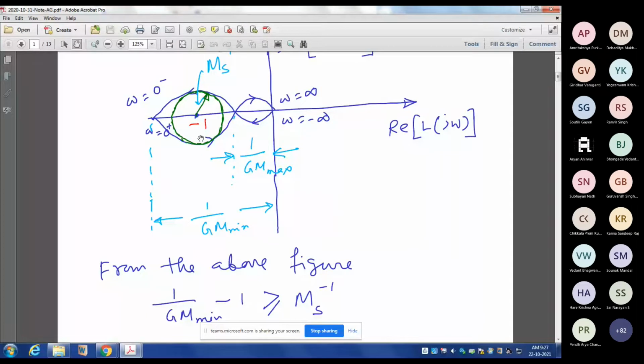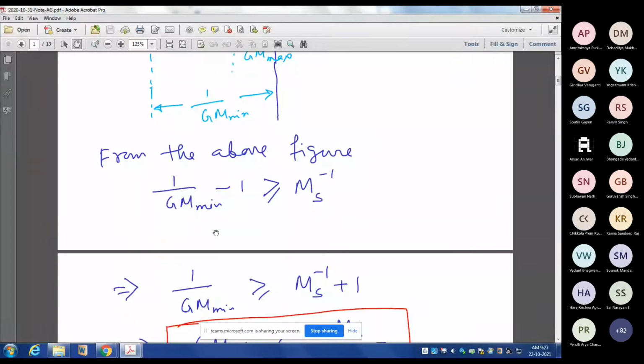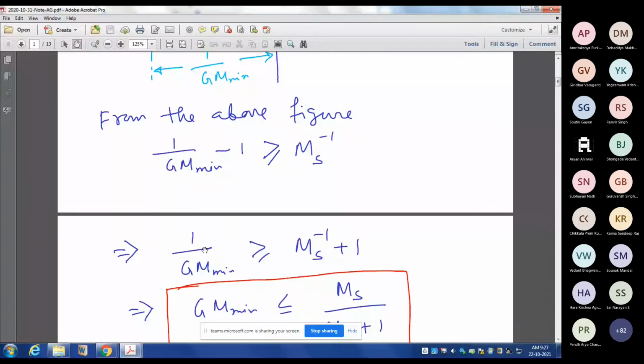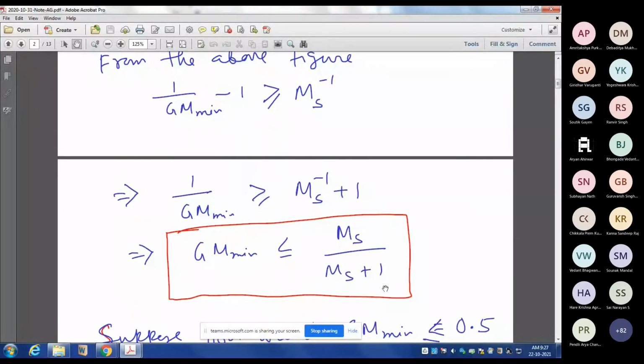At least it will be equal to Ms inverse. So from here directly you can show that GM min is less than or equal to Ms by Ms plus 1.